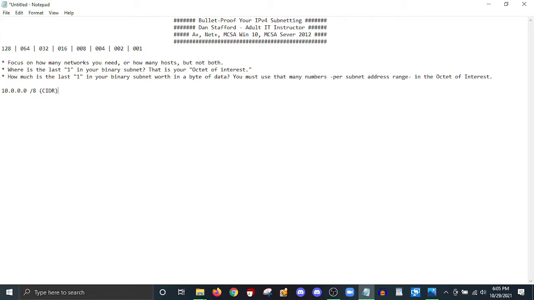And what that /8 means is that if you look at the subnet mask in binary, the first octet, which is the octet furthest to the left, is all ones.